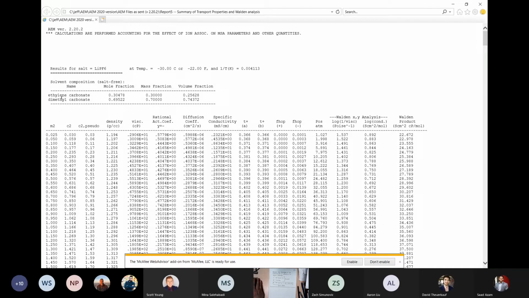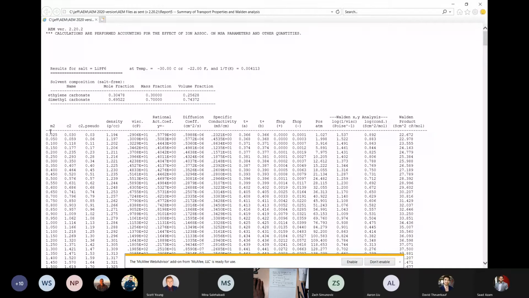And it tells you that you've got ethylene carbonate, dimethyl carbonate in a mass fraction of 30 to 70 like we wanted. It tells you the volume fraction of the two, it tells you the mole fraction of the two based on the mass fraction. And then it tells you here the molality in the left column and the molarity in the right column.